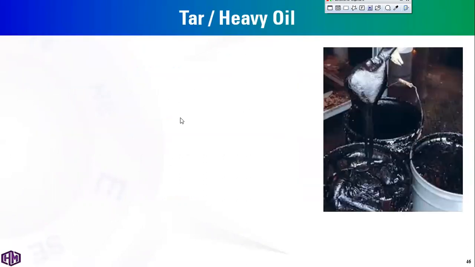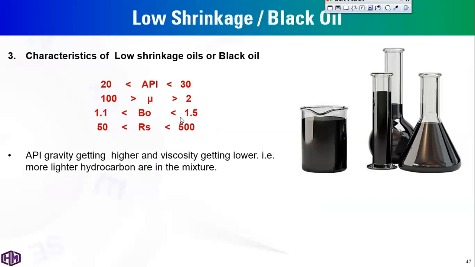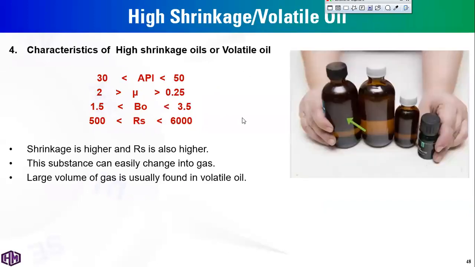For bitumen, heavy oil or tar, low shrinkage oil or black oil. This is for volatile oil, where we have much gas in solution, and the formation volume factor will be much higher relative to the black oil.